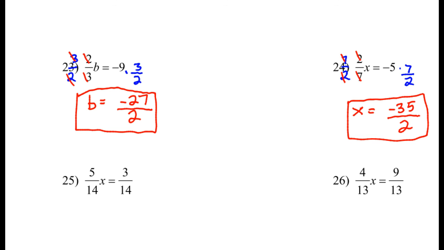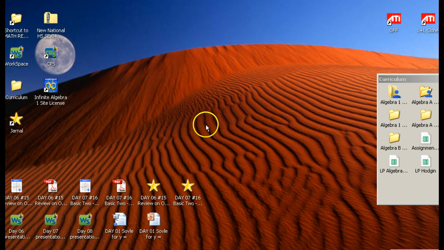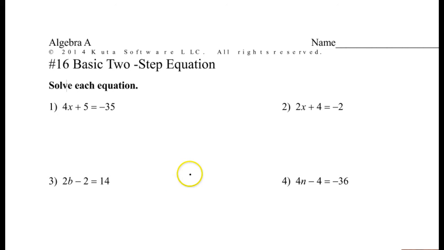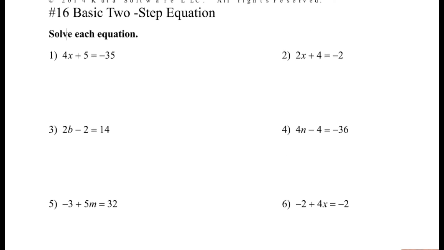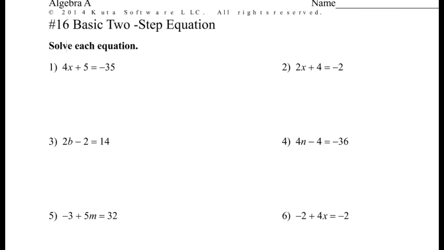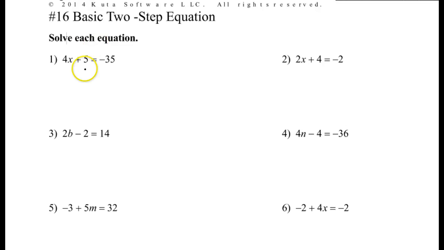Let's look at 16 really fast. Look at 16. More of the same, just 2 steps instead of 1. And then you are going to show every single step. Every single step.